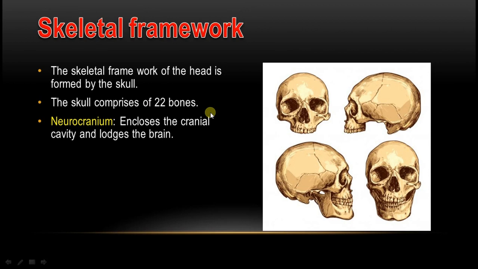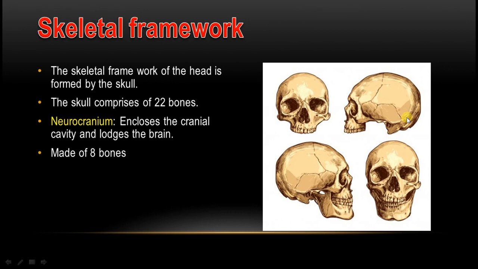So the neurocranium encloses your brain and mainly forms the wall of the upper part of the skull, like a lid or a covering, and the neurocranium is formed by 8 of the 22 bones. So 8 bones are responsible for forming your neurocranium, the part of the skull which encloses your brain.